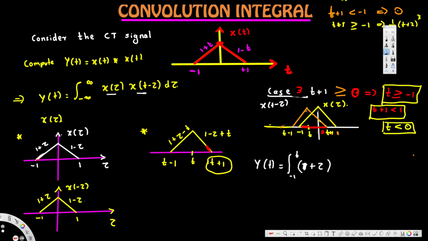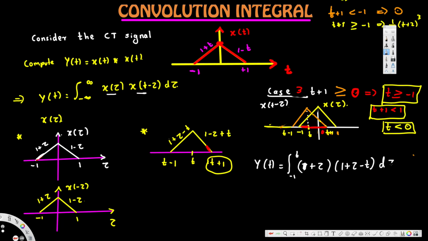And at the same time we have this one, 1 plus tau minus t, until here. So that one is going to be 1 plus tau minus t.